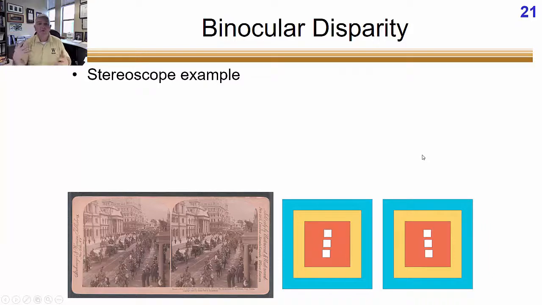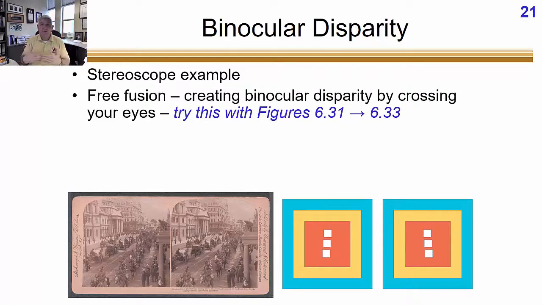All right, so the stereoscope was another example of that, right? Where you could flip back and forth between two images or free fuse your eyes to create binocular disparity, which then can generate that three-dimensional image. So this is figure 6.31 in your book.